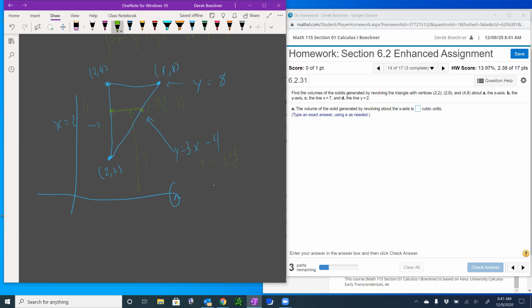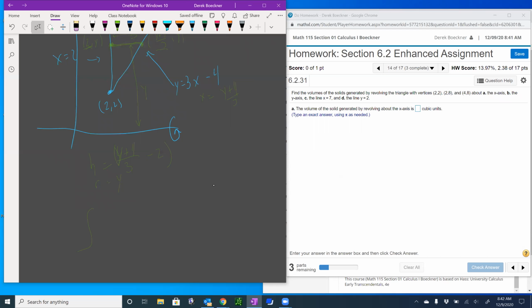This one's going to be 2 comma y on this side. So the height of my shell will be the change in the x values. So that's going to be h equals (y plus 4) over 3 minus 2. That's going to be my height. My radius is y.